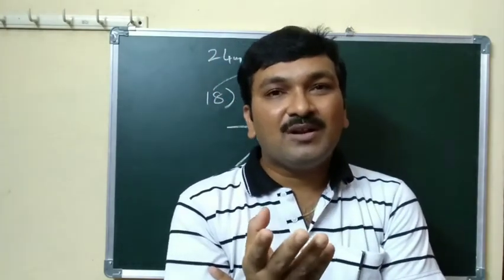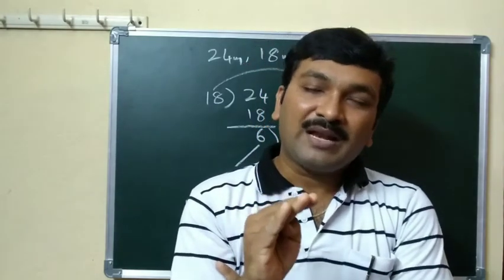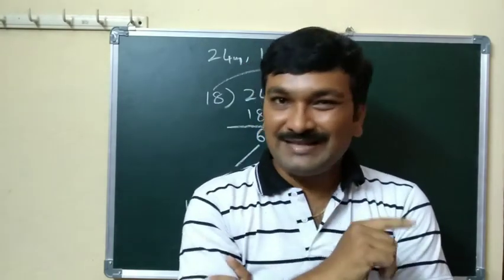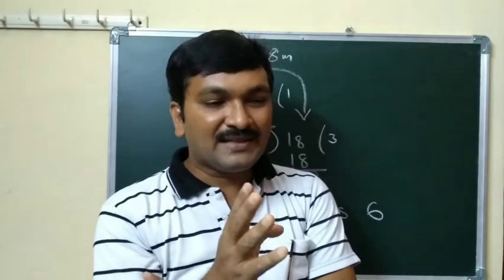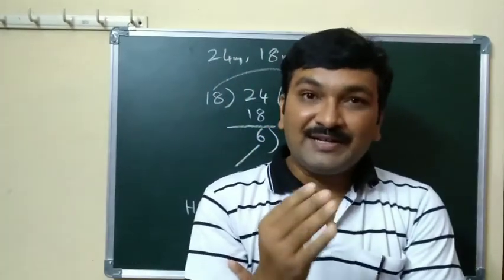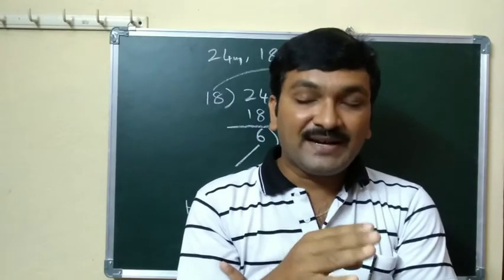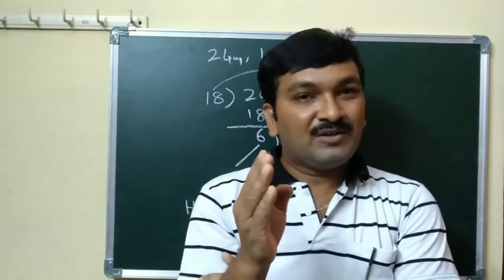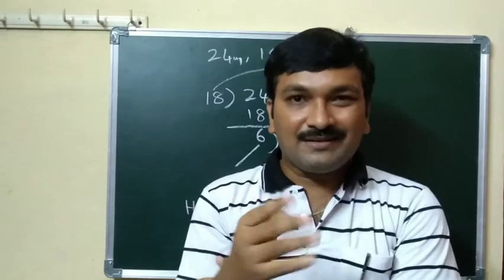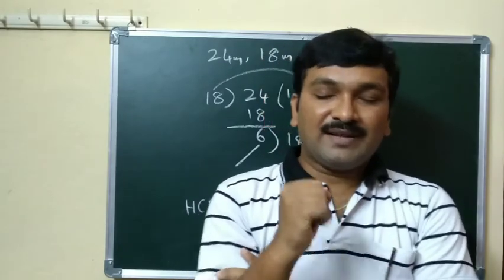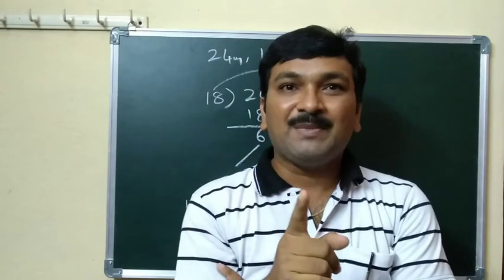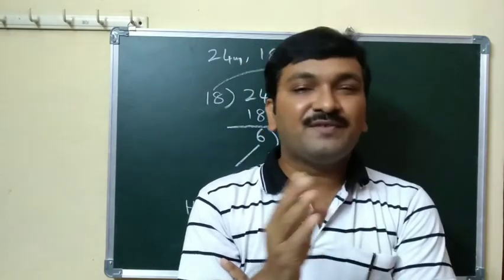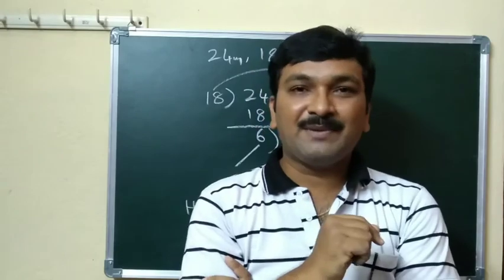They are also called co-prime numbers. We also learned 2 different methods for finding prime numbers: Eratosthenes' method and the division method. Between 1 and 100 we have 25 prime numbers, and between 1 and 50 we have 15 prime numbers.